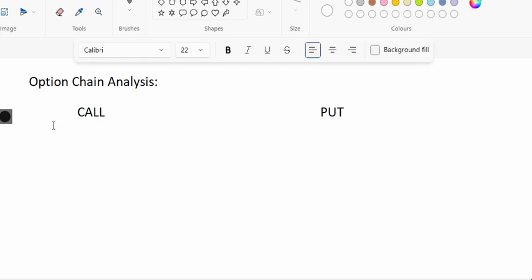What is a call option? We will take an example of, let's say, ITC. Before that, I'll tell you there are around 204 or 205 FNO stocks, and only in those stocks we will have this option chain.